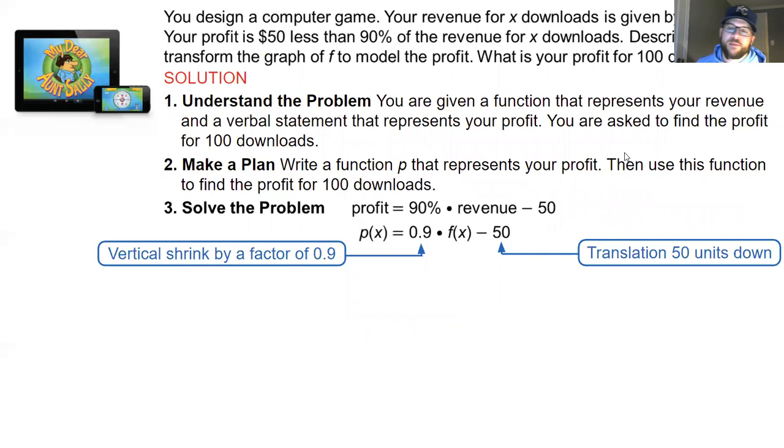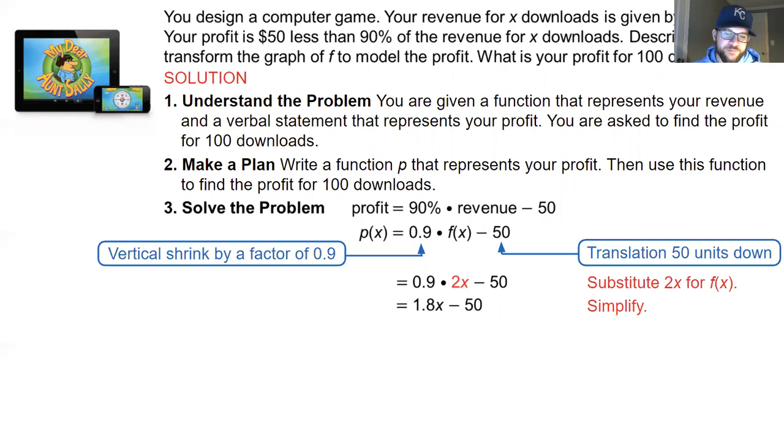That 0.9, because it's less than 1, is another way to say vertical shrink. And then your minus 50, because it's happening outside and dealing with your outputs, is a translation of 50 units down. So we're just going to substitute in the 2x for the f(x), because that's what we are given for our revenue function.